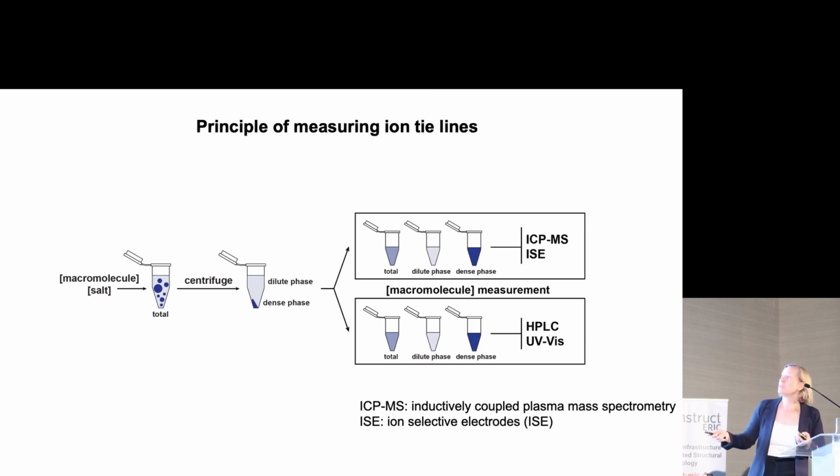Basically we separate dilute and dense phase from each other. We can measure protein concentration by HPLC or simply by absorbance in the UV range. And then we can use inductively coupled plasma mass spectrometry or ion selective electrodes to measure the concentrations of ions in those dilute and dense phases.